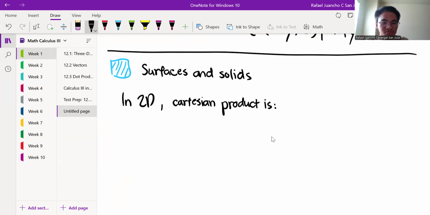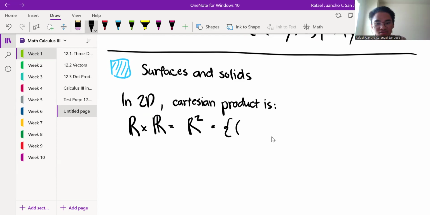is basically this R, which is just a real number, times another real number, which is R squared, which is, again, just the set of ordered pairs, such that each of these letters is a real number.